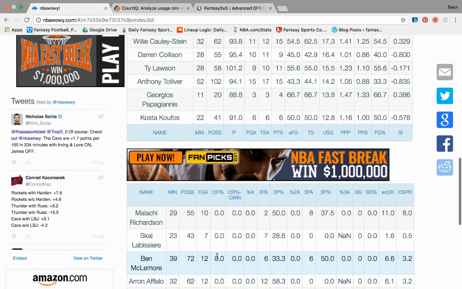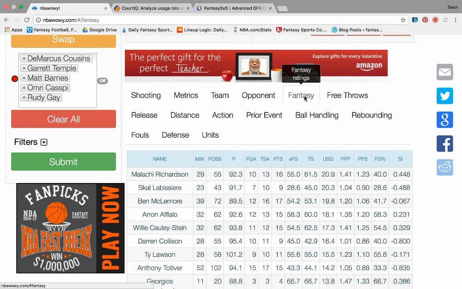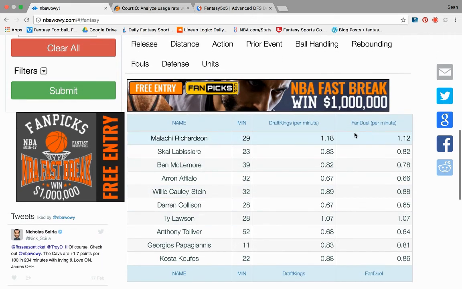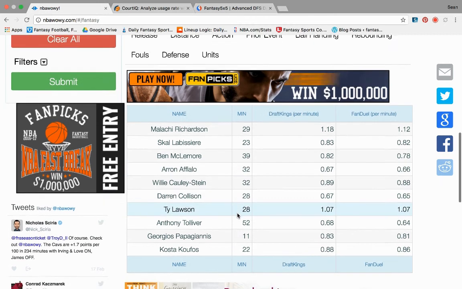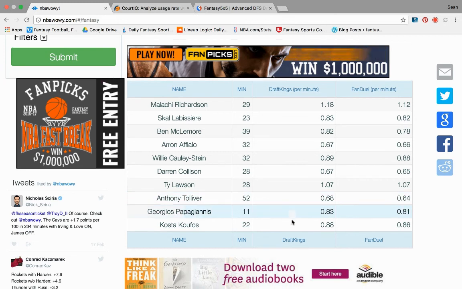But the other thing that we want to look at is fantasy. What we can quickly understand is who averages the most fantasy points per minute without these guys on the floor. Well, Malachi Richardson maybe, but he's not really getting a lot of minutes. I do know, however, that Ty Lawson and Darren Collison are getting a lot of minutes, so I'm going to keep them in mind for sure as this goes forward.